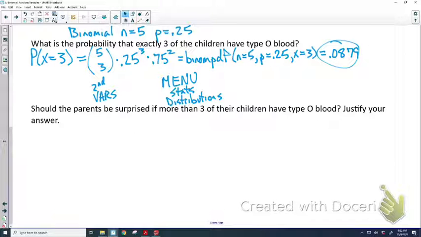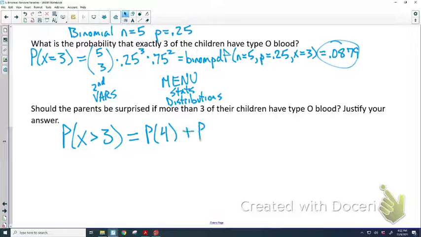All right, the question changes at the end. No longer is it exactly, it's a more than. So x greater than 3. We could do binomial PDF twice, because we need 4 and we need 5, but there's another function on your calculator.